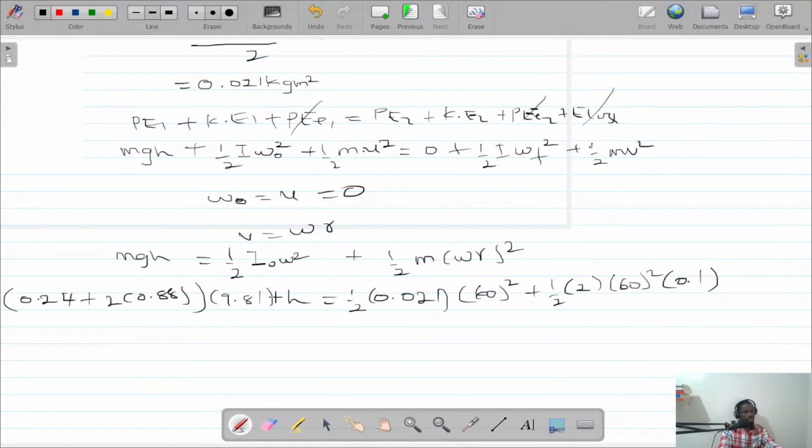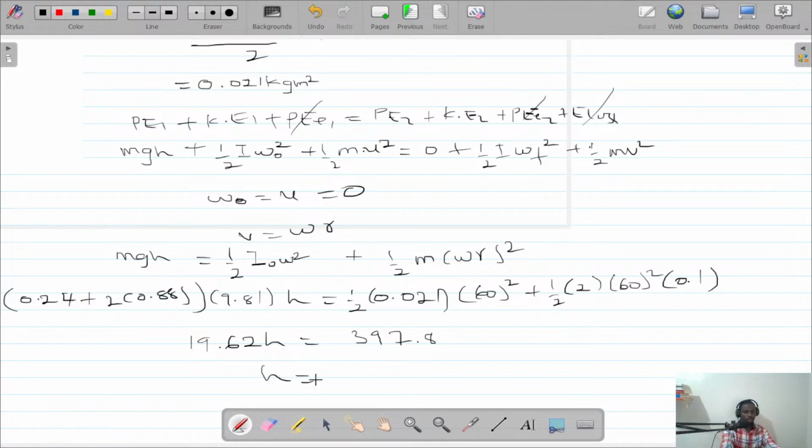What you are looking for is h. So 2 times 9.81 gives 19.62. h is equal to 0.5 multiplying 0.021 multiplying 60 squared plus 0.5 multiplying 2 multiplying 60 squared multiplying 0.1. That is 397.8.